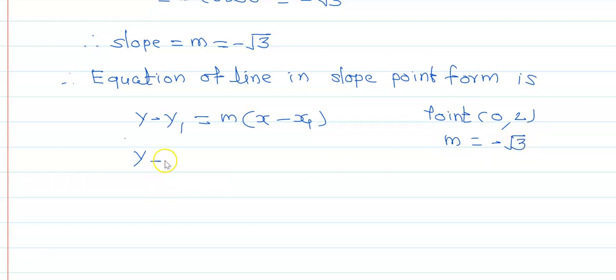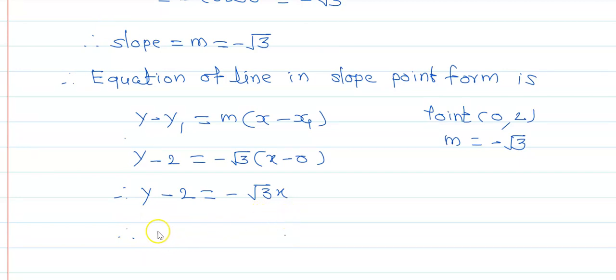Therefore, y minus 2 is equals to minus root 3 into x minus 0. Therefore, y minus 2 is equals to minus root 3 x. Therefore, again with more simplification, transfer this minus root 3x to the left hand side.